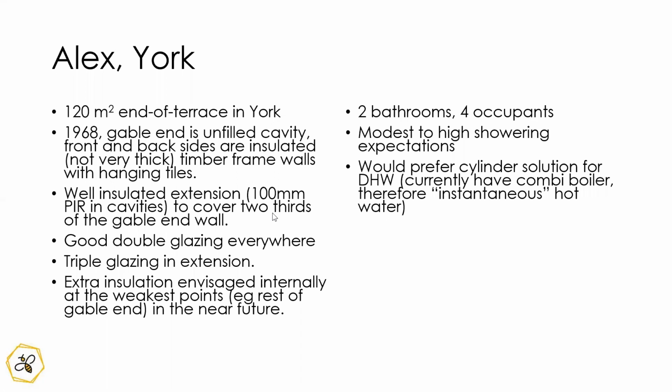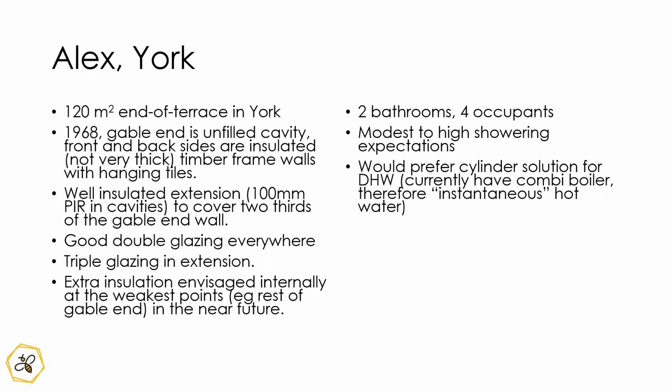So Alex has got a 120 square meter end of terrace in York. It's a 1968 building. The gable end is unfilled cavity. Front and back sides are insulated but not very thick. Timber frame walls with hanging tiles.